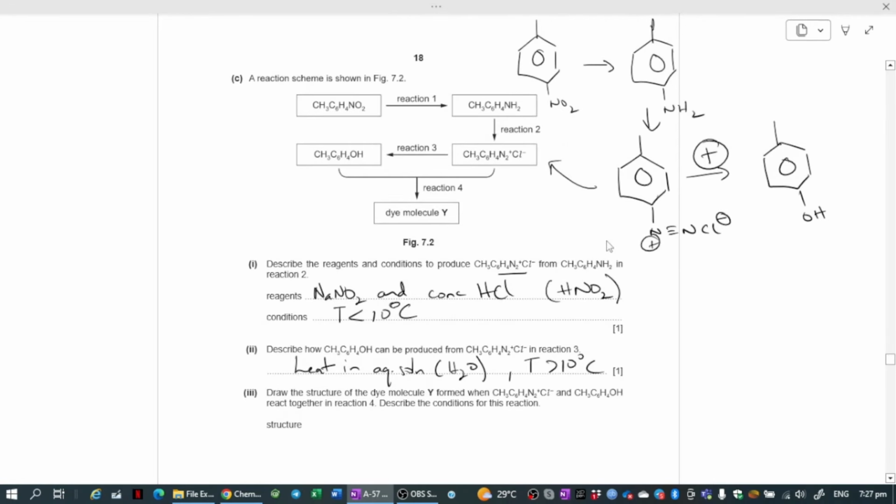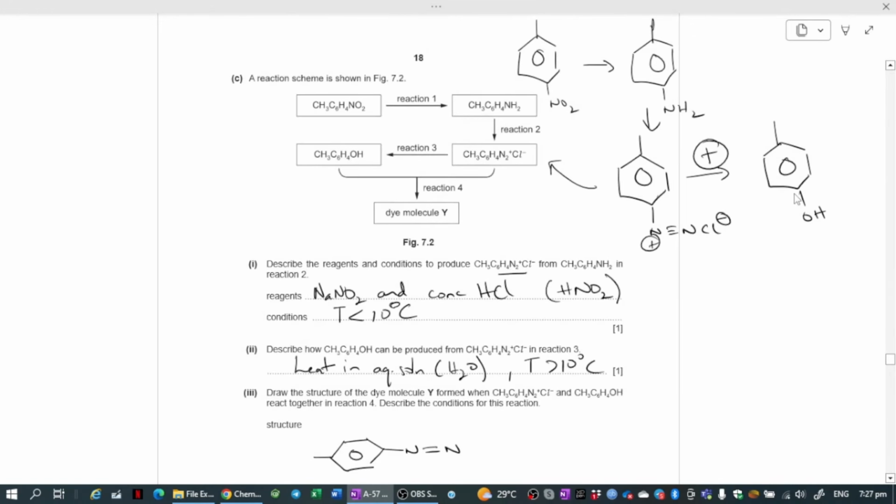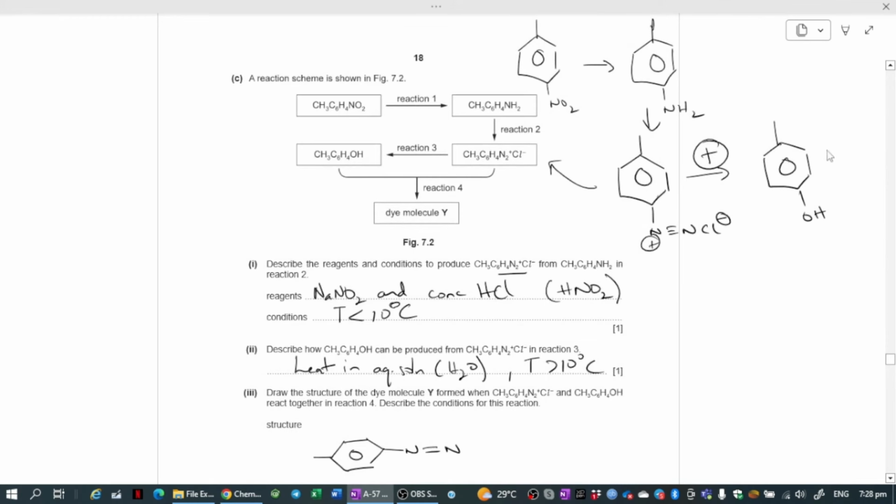Now, what is going to happen? We are going to get this N double bond N forming. If we consider this part of the benzene ring, we will now have N double bond N, which is the azo group, and this is going to bond with the phenol. And where would this bond? It has to do with which one is a stronger ortho-para directing group.